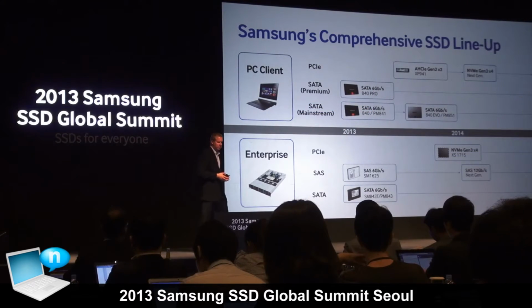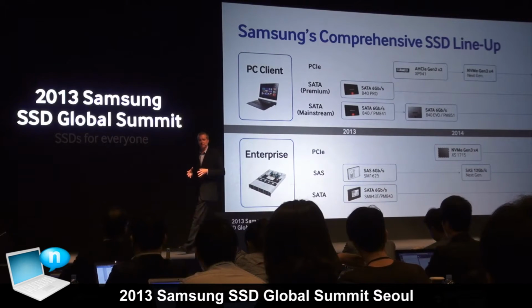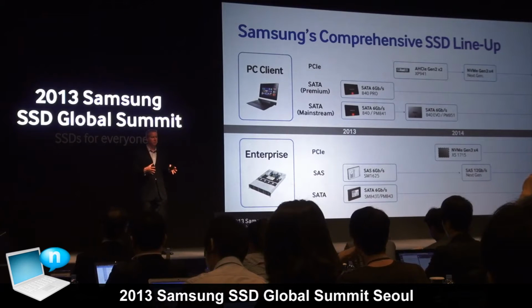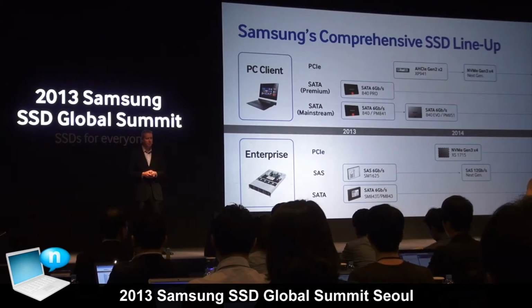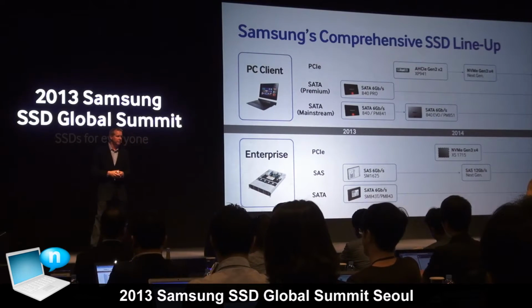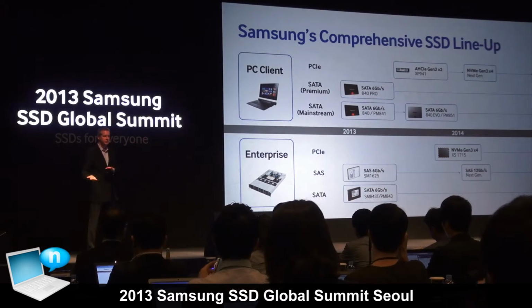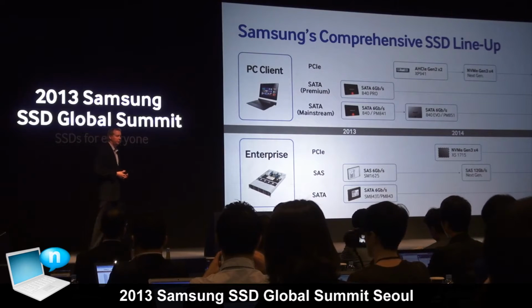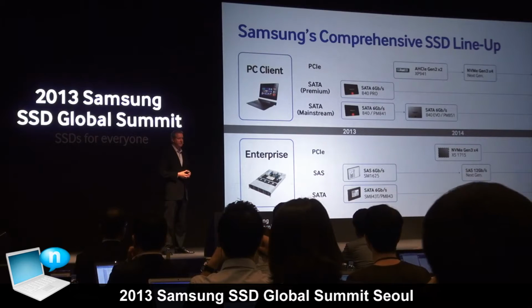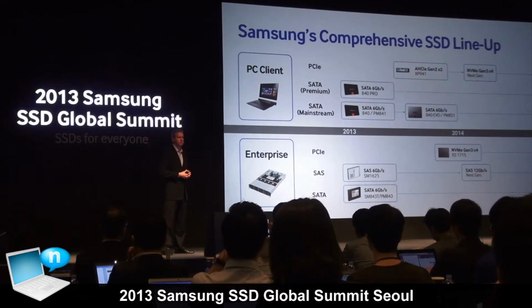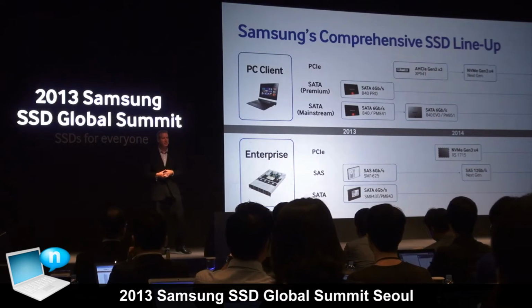And as I start to close my presentation, I really want to reiterate the fact that, if you look at where we are, where we've been, and where we're going, Samsung has an extremely broad product portfolio. On the client side, everything from the mainstream, which is the 3-bit per cell product offerings, which is the SATA interface. We have the SATA Premium, which is a 2-bit per cell offering, and then also PCIe going into that.